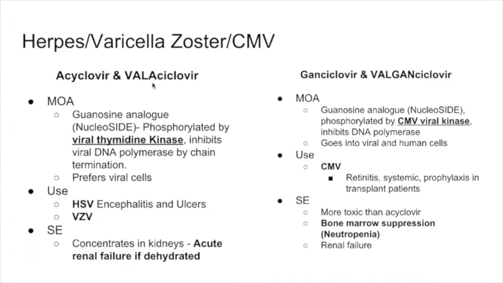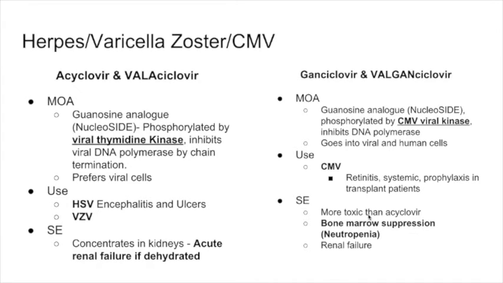So acyclovir and valacyclovir are used for HSV and VZV. Ganciclovir and valganciclovir are specifically used for CMV, so CMV retinitis or systemic CMV, and also for prophylaxis in transplant patients because they're immunocompromised and at a greater risk for CMV.